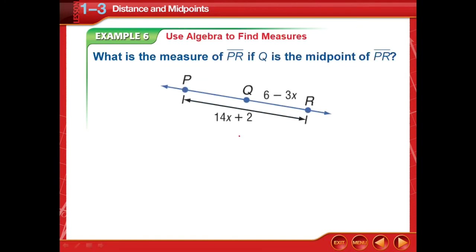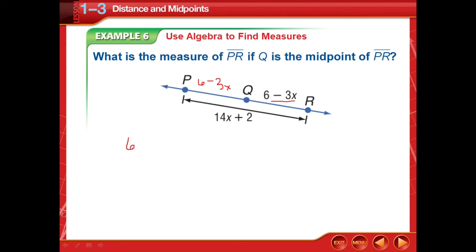Here's my final example. I can use algebra to find missing measurements. What is the measure of segment PR if Q is the midpoint of PR? Well, if Q is the midpoint, remember that means that it is the same from QR to PQ. This would be 6 minus 3x. And as we did in the previous problem, I know that two parts make up a whole.